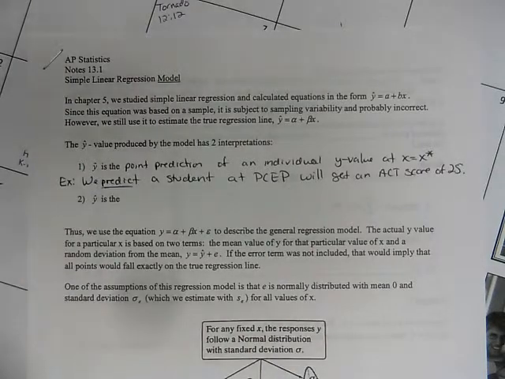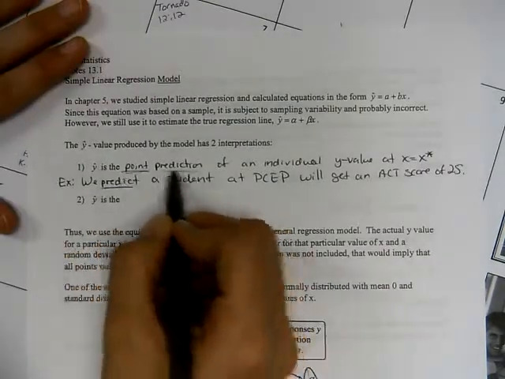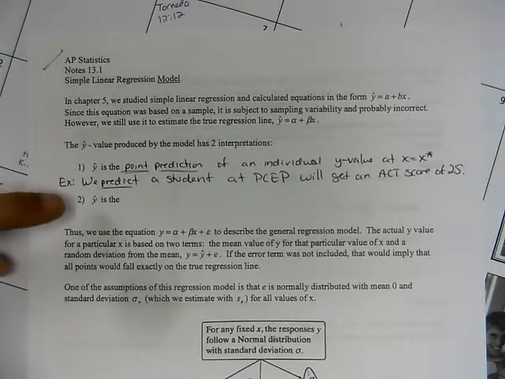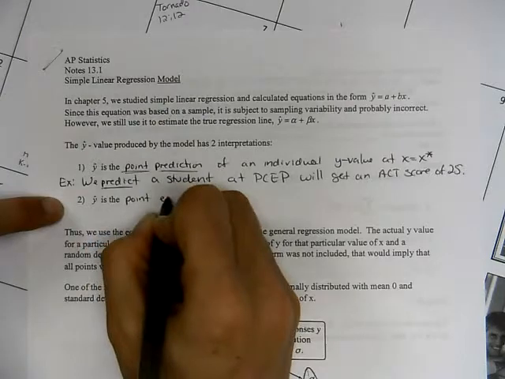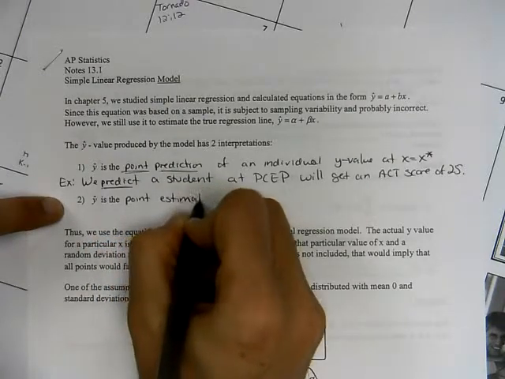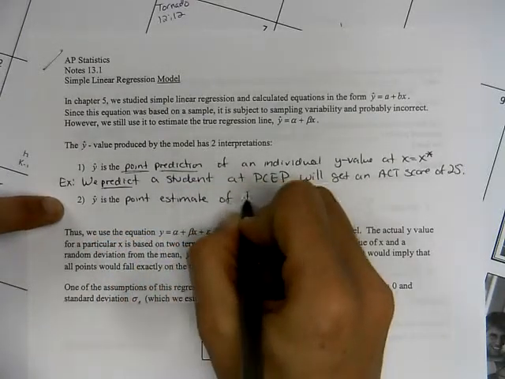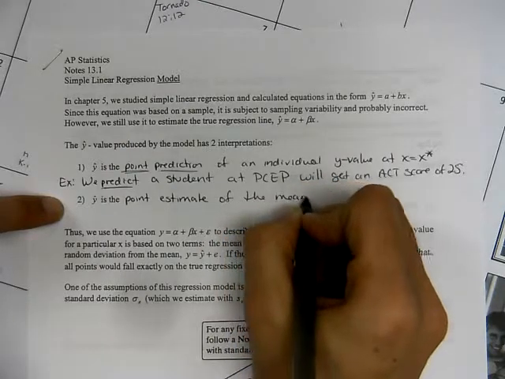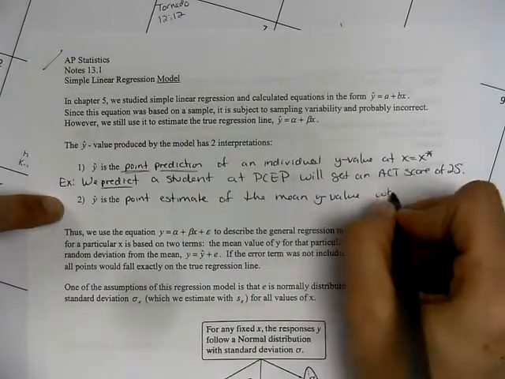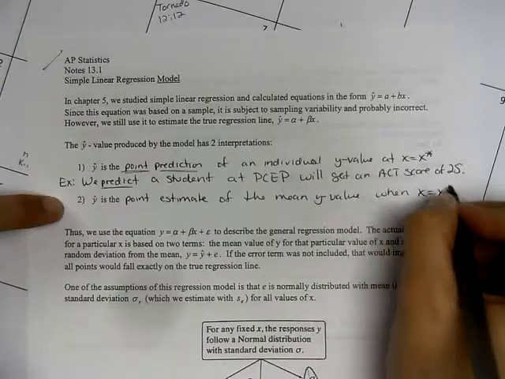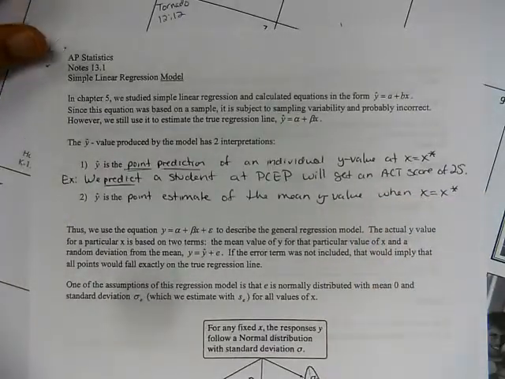Okay, there's another one that's not a point prediction, that y hat can be a point estimate of the mean y value when x equals some x star, some specified value.